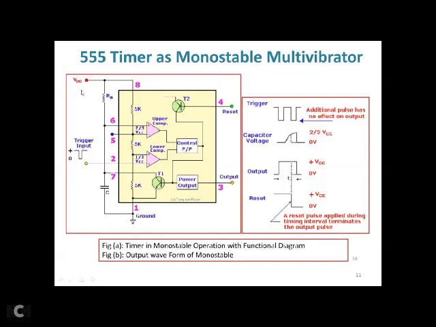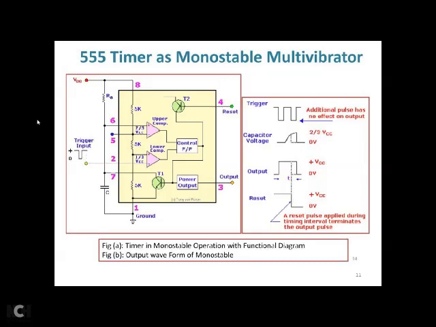It will not completely charge to its peak value VCC. Whenever it is 2 VCC by 3, it starts discharging because of this action. The output will be 0. So low to high, then after some time high to low, and the output remains in the low state until one more triggering pulse is applied.